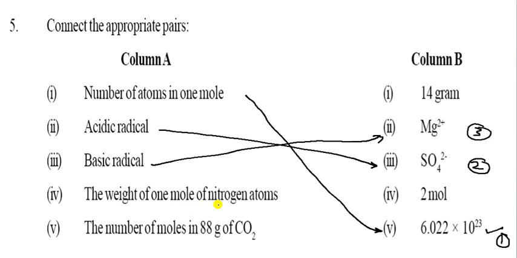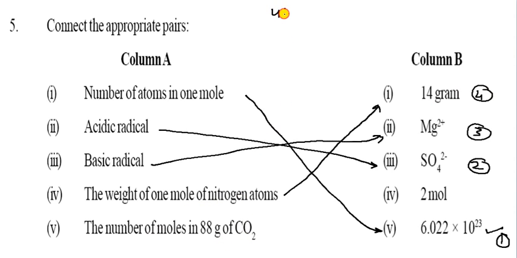Now weight of 1 mole of nitrogen. 1 mole nitrogen, that means 14 gram. So you can write it is 4. And now come to the number of moles in 88 gram of carbon dioxide.